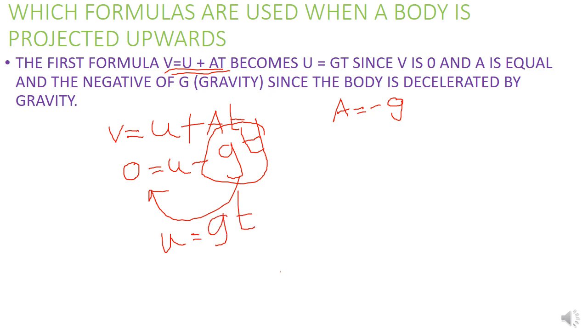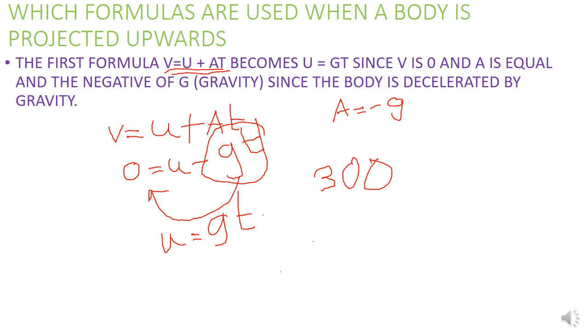That means if you have the initial velocity and you have the acceleration due to gravity, you can get the time. For example, if you have a bullet that is shot upwards at an initial velocity of 300 meters per second, and you want to get the time taken for the bullet to move upwards until it reaches maximum height.